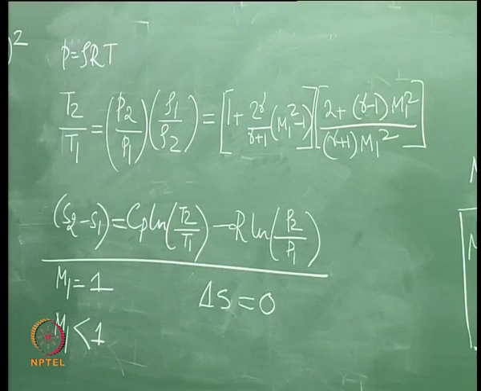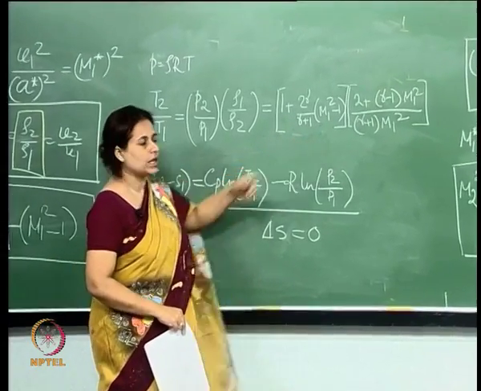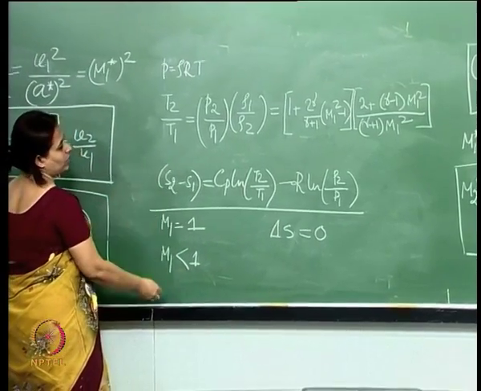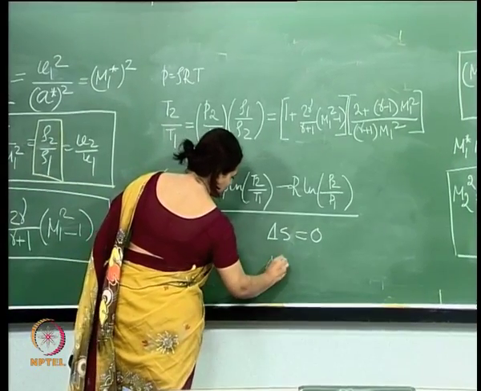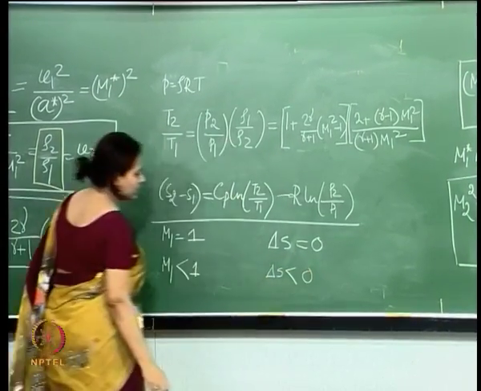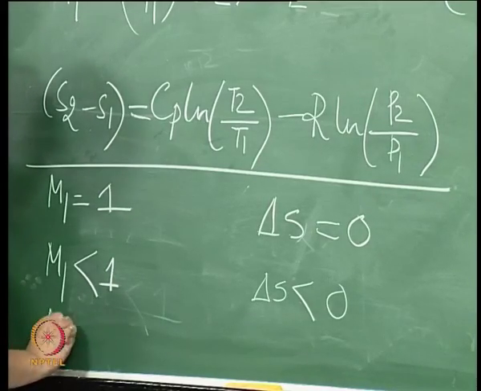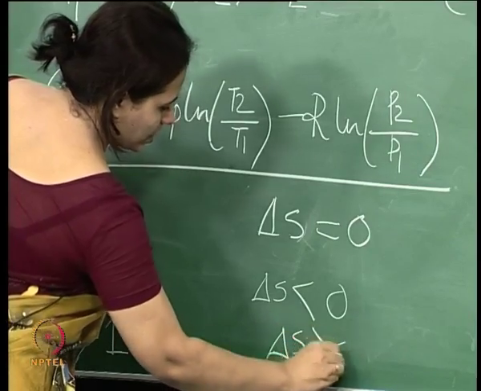Now, let us look at this. If the incoming Mach number is less than 1, again what I will suggest is that you put an actual value into this expression and see what you get. Confirm whatever I am saying. If Mach number is subsonic, then entropy is decreasing, and if it is supersonic, then entropy is increasing.